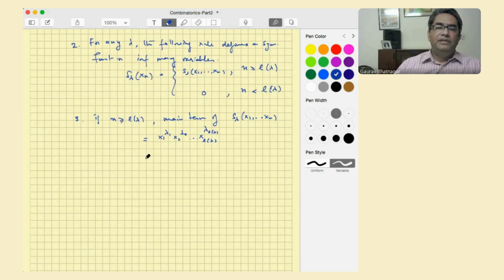So this you get by just dividing the two main terms. The main term on the top will be x1 to the a1, x2 to the a2, and then you divide it by x1 to the n minus 1, x2 to the n minus 2, and so on. So you get this.